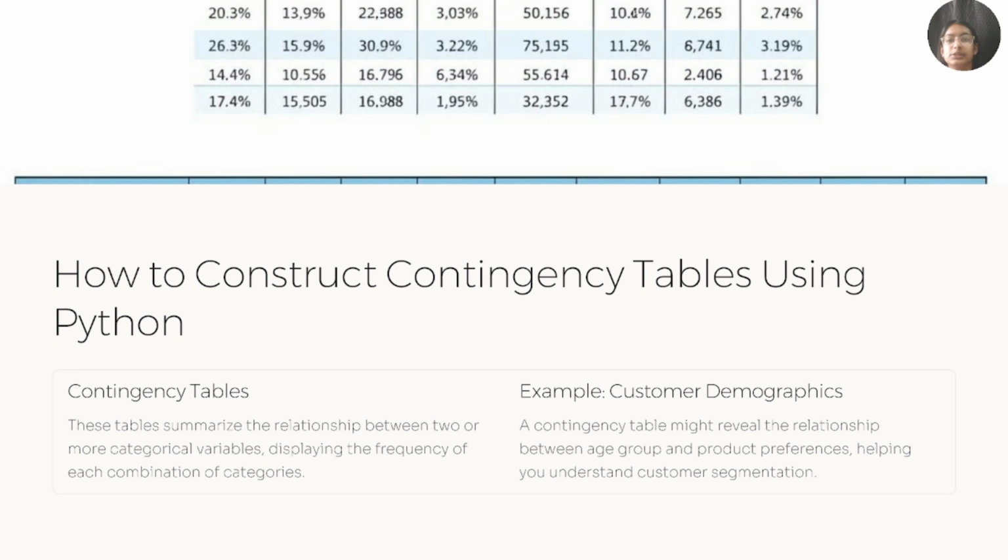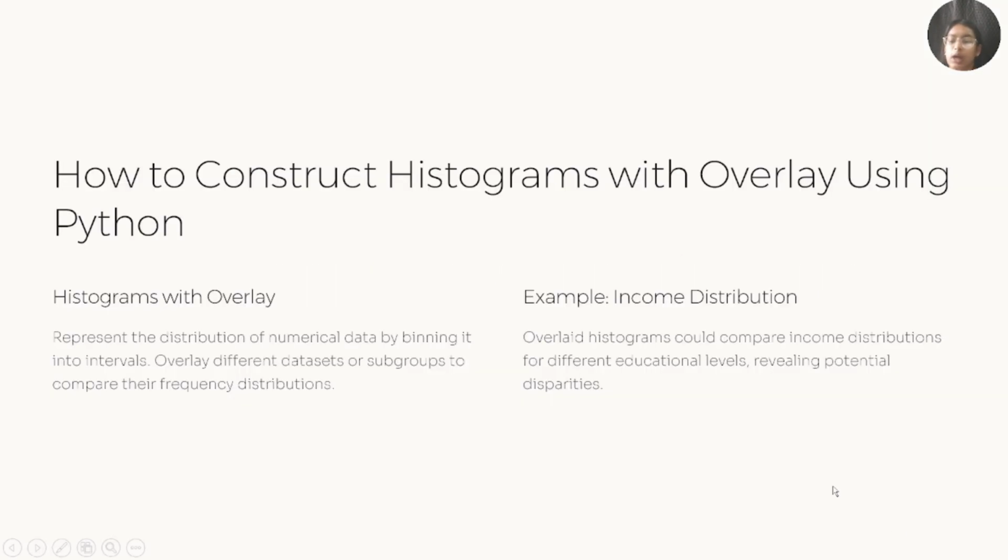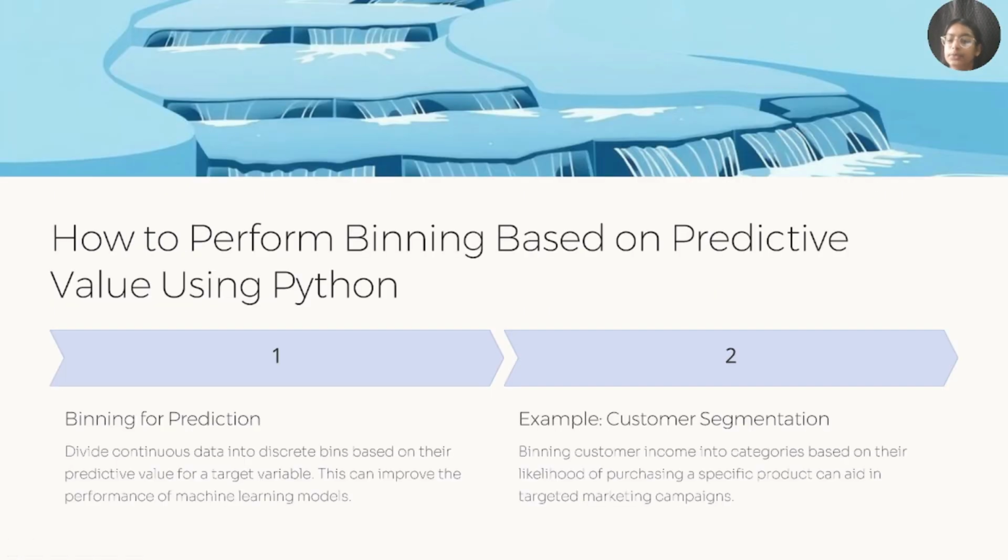Every variable is associated with every other variable, and no variables are left without any relation. So now let's look at how these are constructed in Python.